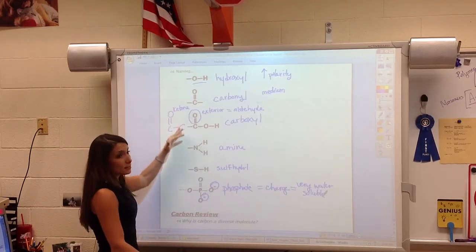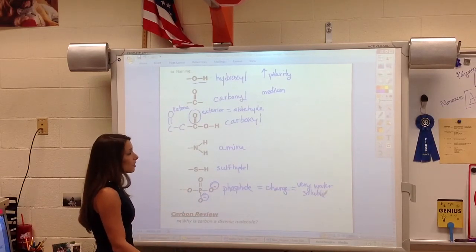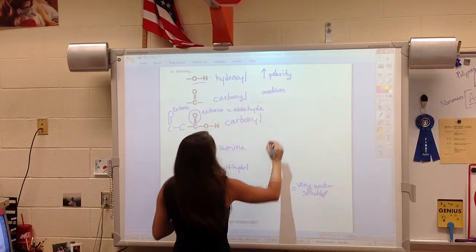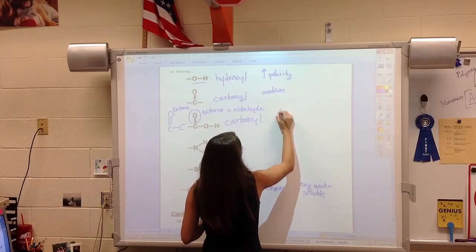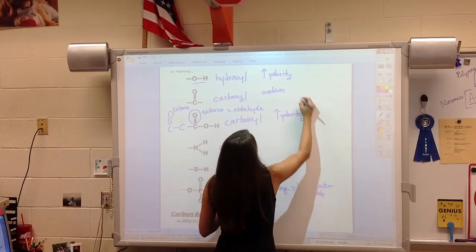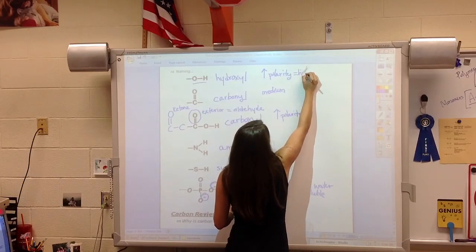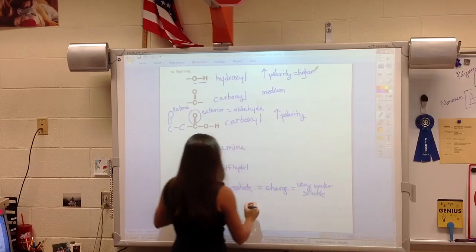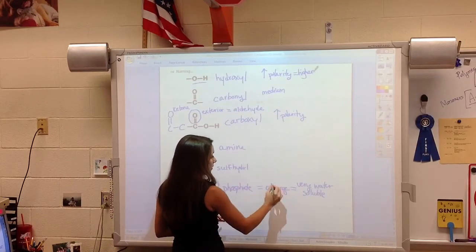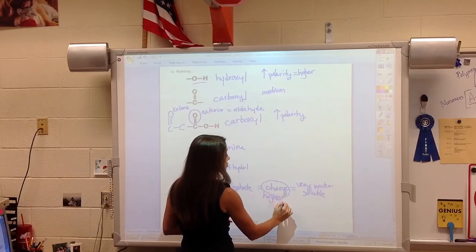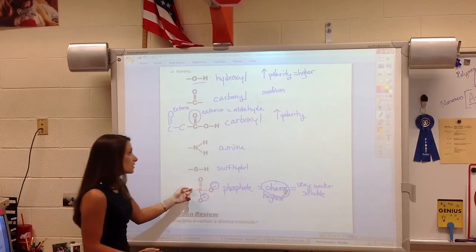So just taking some time to get these memorized and focusing on what they do to the polarity. Here we're going to have slightly higher polarity, but the hydroxyl is going to be one of the highest. The phosphate is going to be the highest in terms of attraction to water because of that charge.